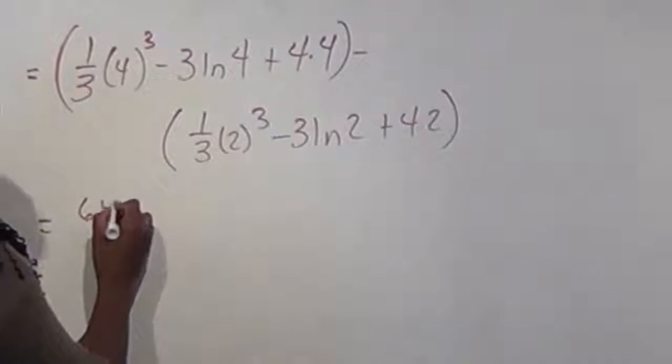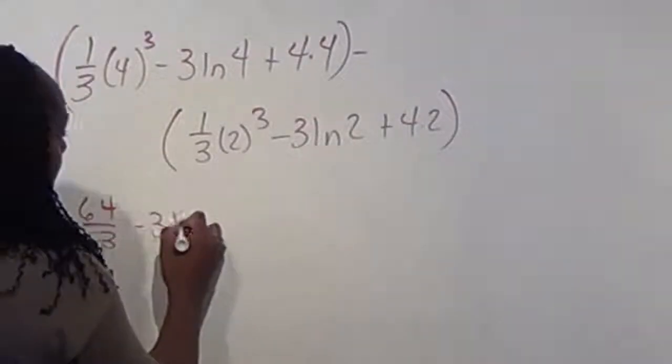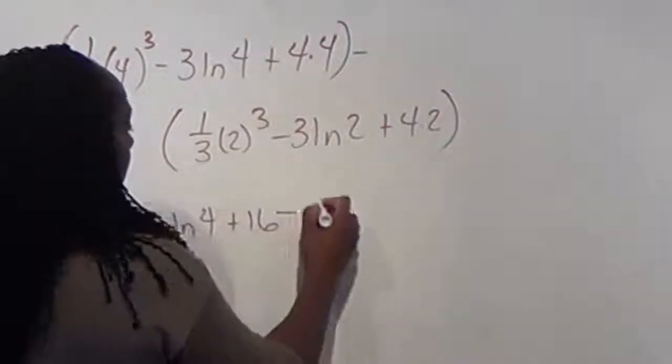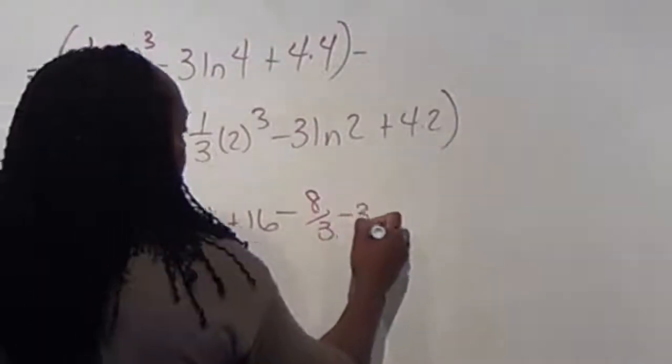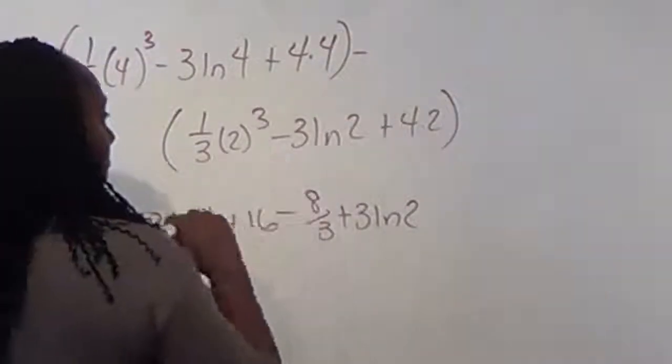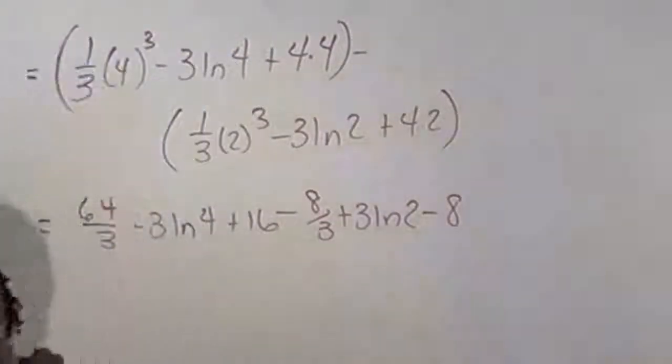So we'll get 64 over 3 minus 3 ln of 4 plus 16 minus 8/3 minus 3 ln of 2. That's going to become a plus because of the minus and the minus, minus 8.